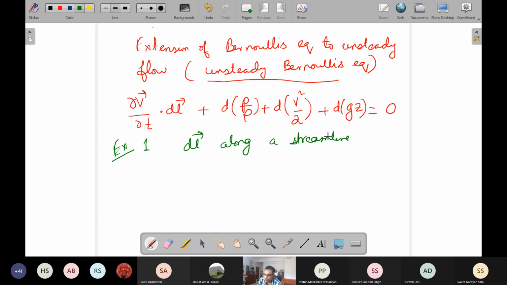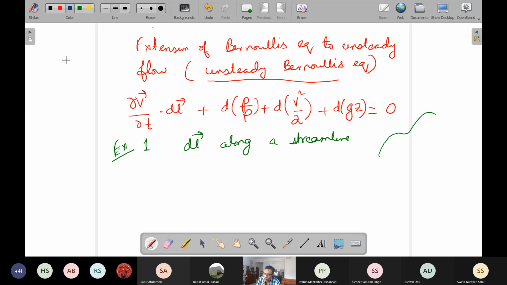So if we take dl along a streamline, let us say this is the streamline. A streamline is a beautiful system in terms of coordinates. I could ask you a question why, but in the interest of time, I am trying to give an answer upfront myself.